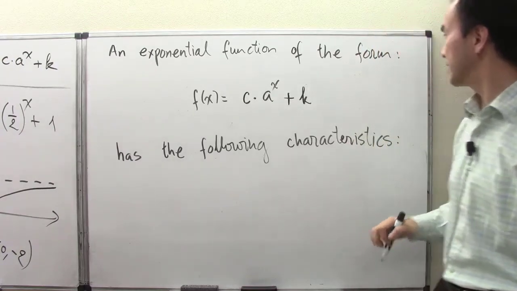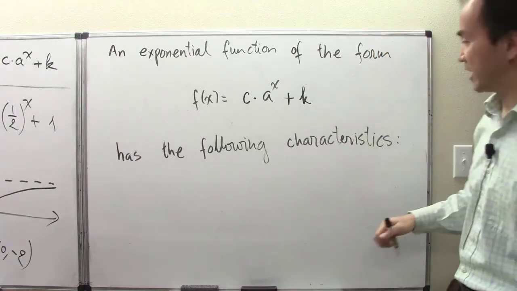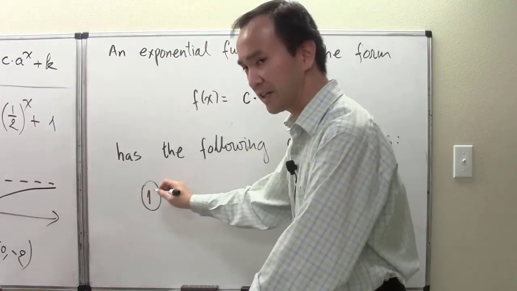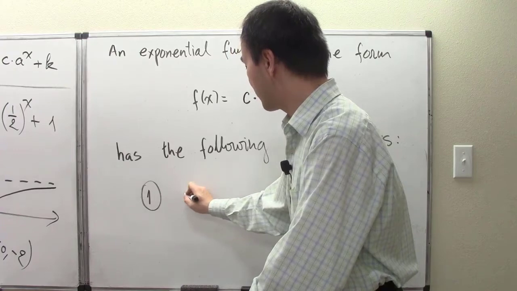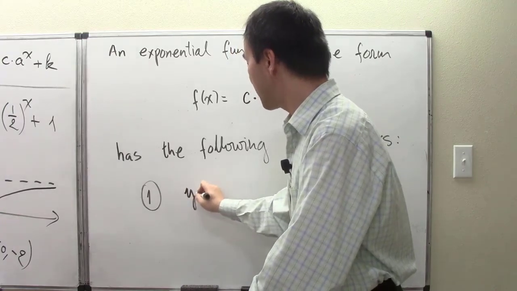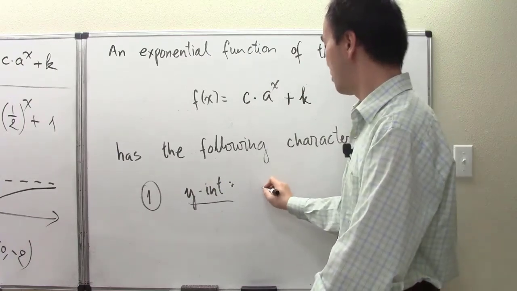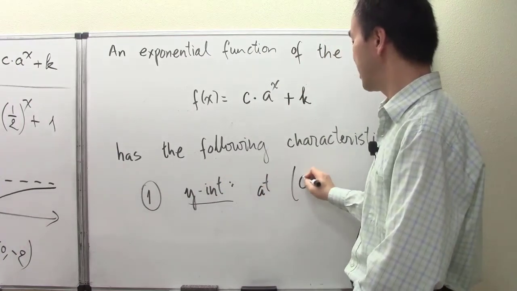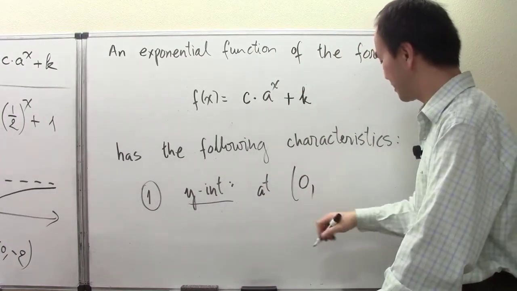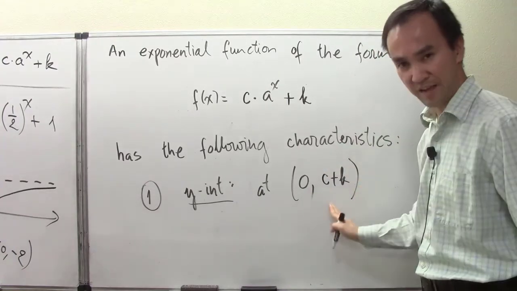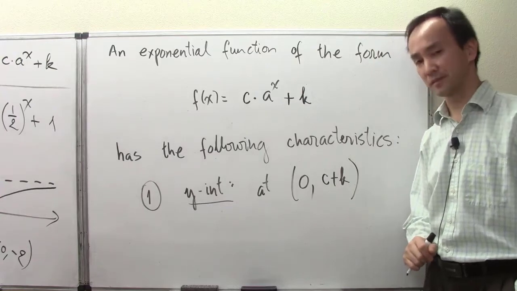Number one, we generally recognize that the y-intercept is always at 0 for x and c + k for y. That's one characteristic for them.